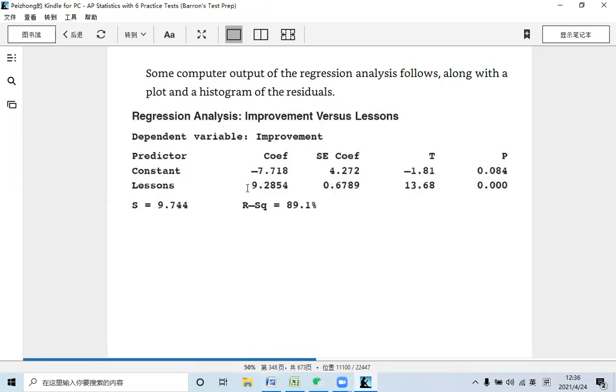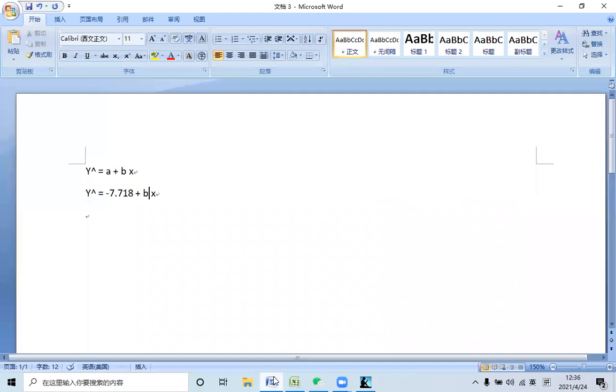B is the number of lessons, that's 9.2854. X should be the number of lessons. Y would be a predicted improvement.